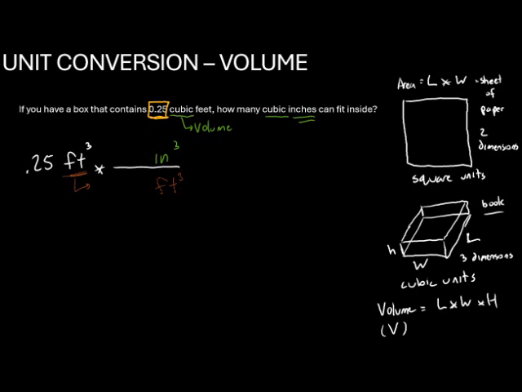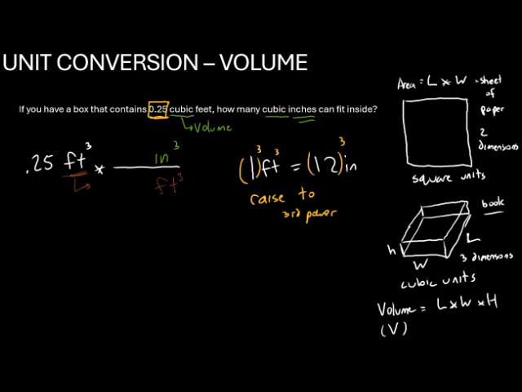We already know that 1 foot is the same as 12 inches. However, since these units are third power units or cubic units, we must raise everything in this unit conversion to the third power. This means that the 1 will be raised to the third power, and we'll write feet third power.